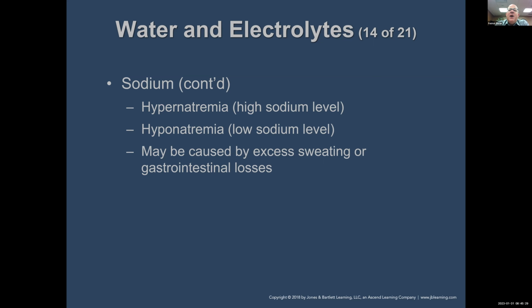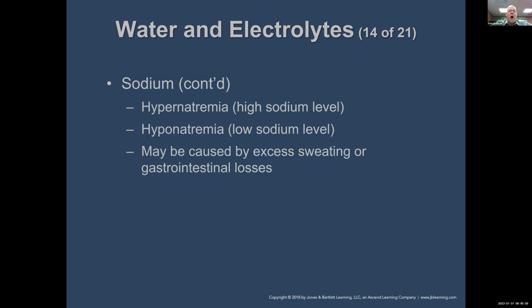We can have hyponatremia, okay, that is caused by excessive water intake, right? So if we're flooding the body and we have an issue with being able to, let's say, excrete urine, or we're just excessively hydrating, we can really thin out our sodium that way.